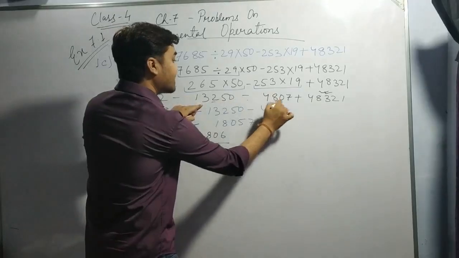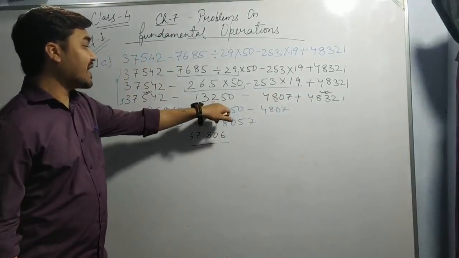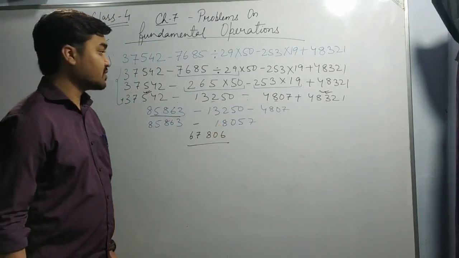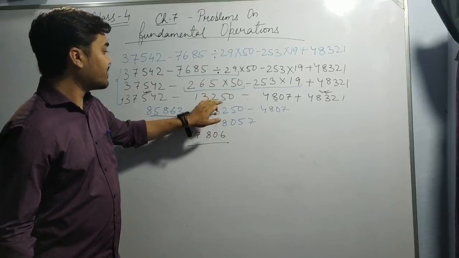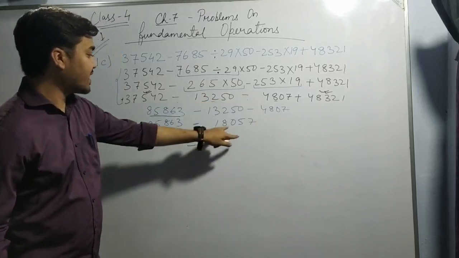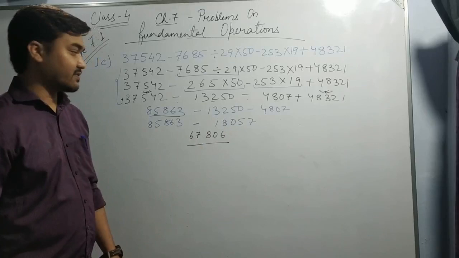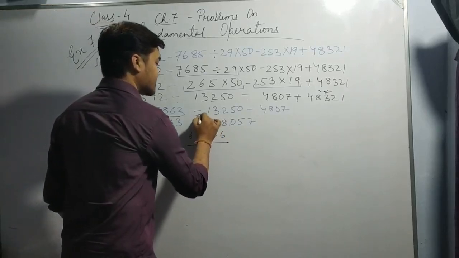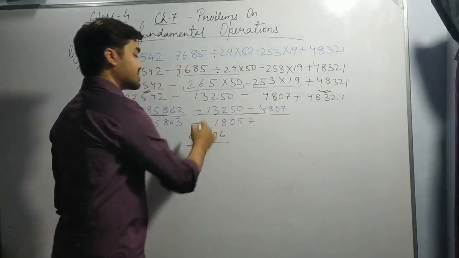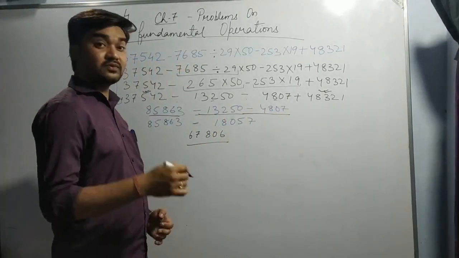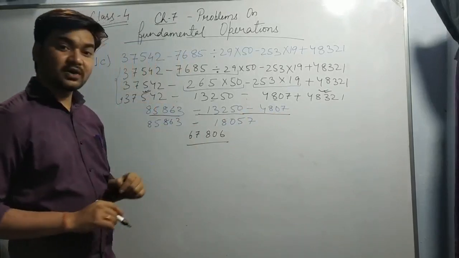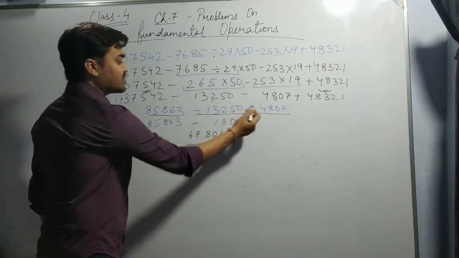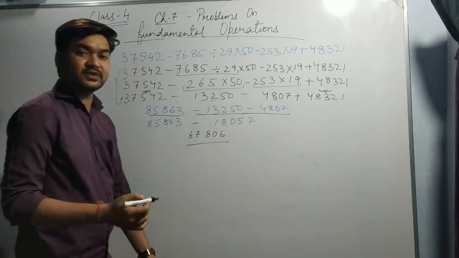When we add these two numbers, we will get 18,057. As I explained earlier, when two numbers have minus sign before them, we add those two numbers.